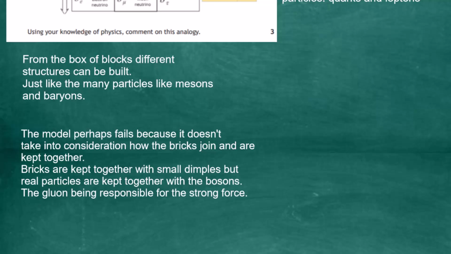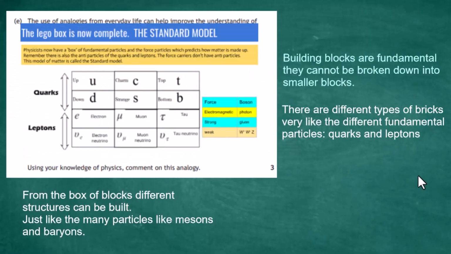So if you bring out that the bosons and the gluon are responsible for keeping the real particles together, and that this doesn't come through in the analogy with the children's brick set, then once again you're showing your level of knowledge of physics. So just to recap again, yes, the model's quite good because the building blocks are fundamental.